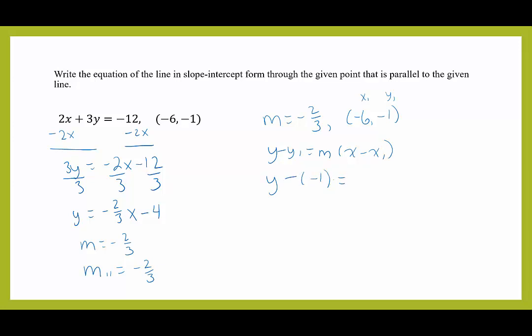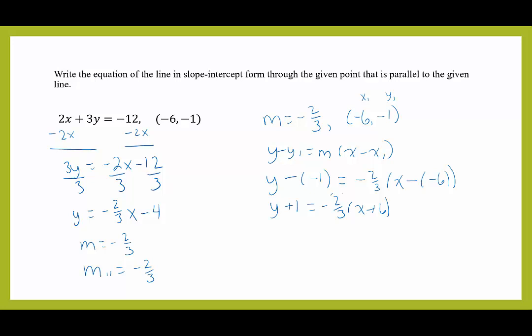It's already a minus from the formula, and then y sub 1 happens to be negative 1, so it's y minus negative 1 equals negative 2/3 times x minus x sub 1, which is negative 6. In both cases, I can rewrite those as positives. y plus 1 is equal to negative 2/3 times x plus 6.